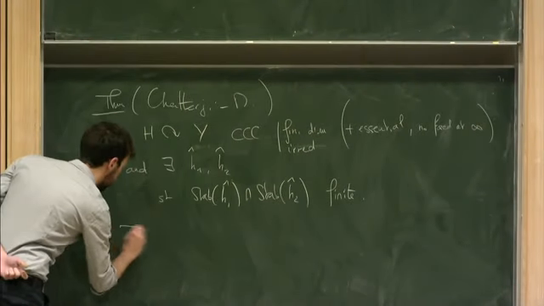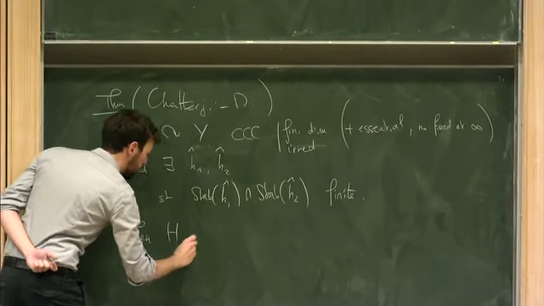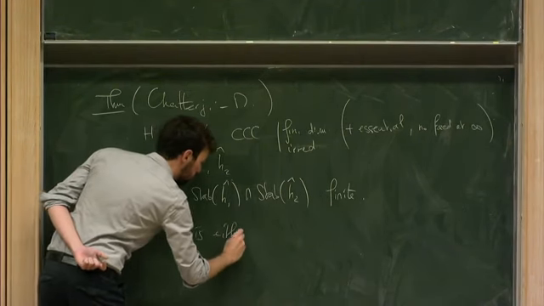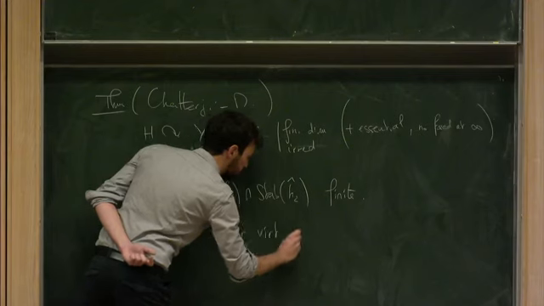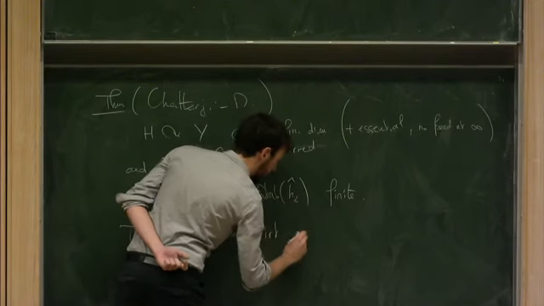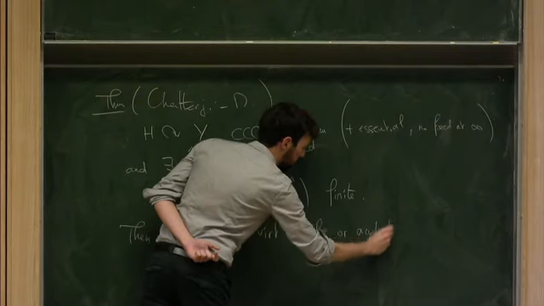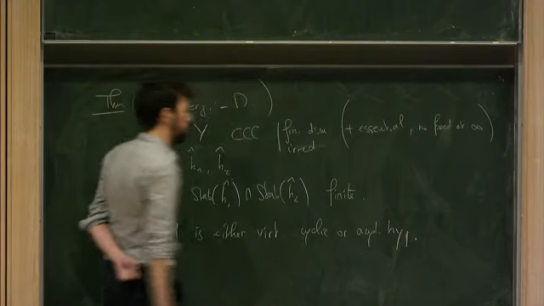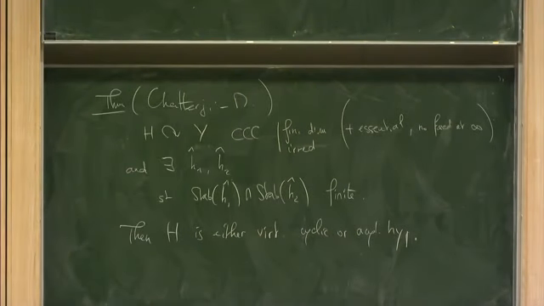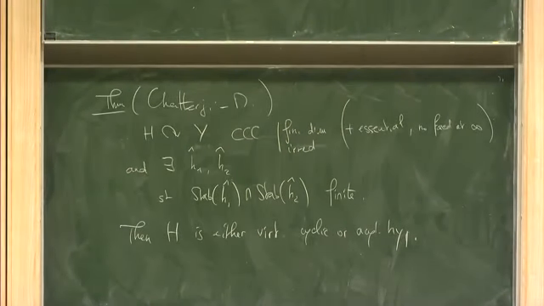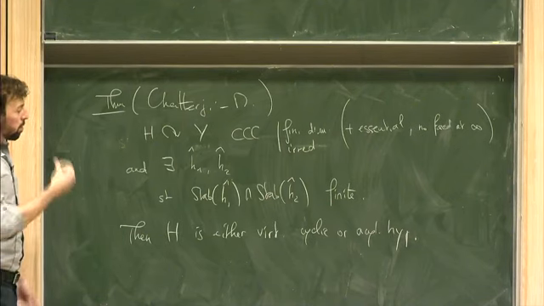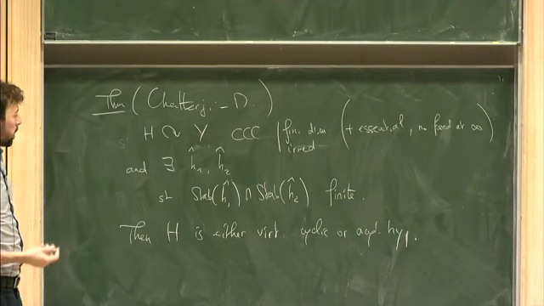Then automatically H is either virtually cyclic or acylindrically hyperbolic. So it's something which is very easy to check. You just have to find two hyperplanes and understand the way their stabilizers intersect. So that's something that can be used to recover the acylindrical hyperbolicity of many classes of groups.